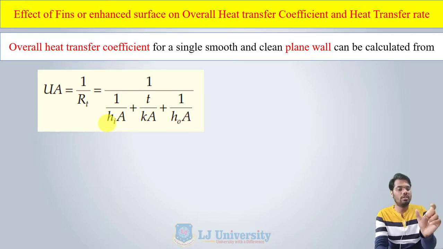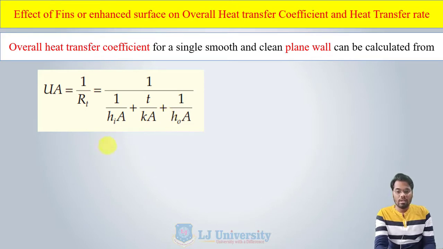Then the heat will flow through the wall, so there is the conduction resistance, which is generally x by kA or t by kA, where t is the thickness of the wall, k is the conductivity of the wall material, and A is the cross-sectional area of the wall. Again, when heat is released from the second side to the environment, it is between the solid and the fluid, so again convection, the outer convection resistance, which is 1 upon hoA. This is the equation which we have used a number of times in the heat transfer subject.